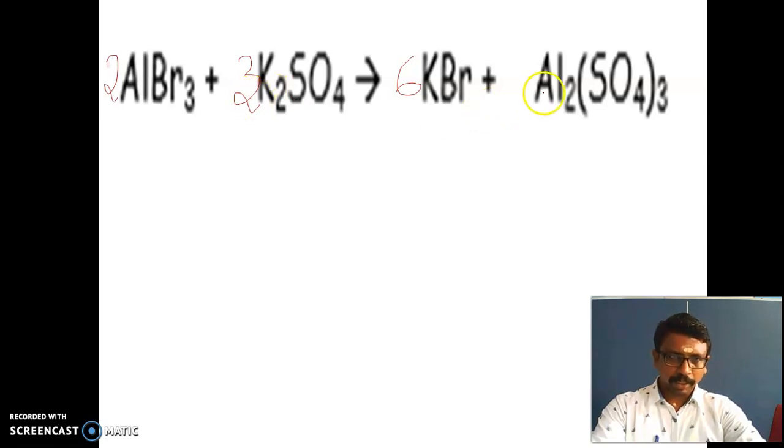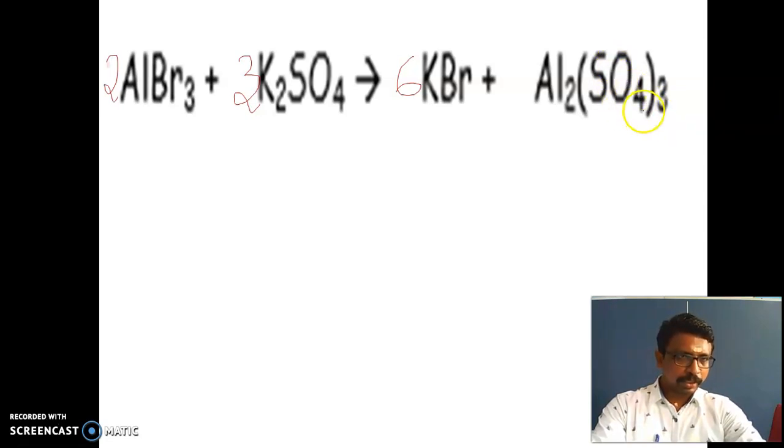3. And here also aluminum sulfate formula is Al2(SO4)3. That indicates the aluminum number of atoms is 2. For sulfur, that means SO4 thrice, that indicates sulfur contains 3 number of atoms and oxygen, that is SO4 thrice, means that oxygen contains 4 into 3 is equal to 12.